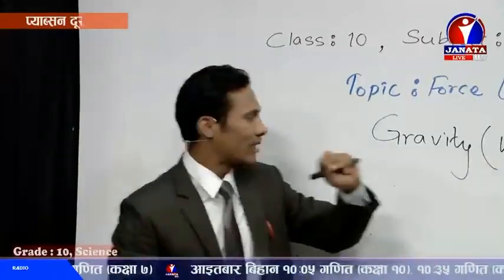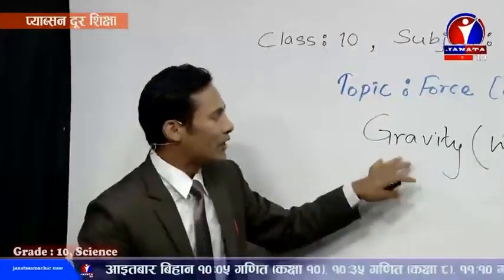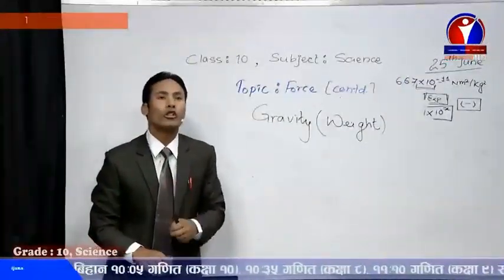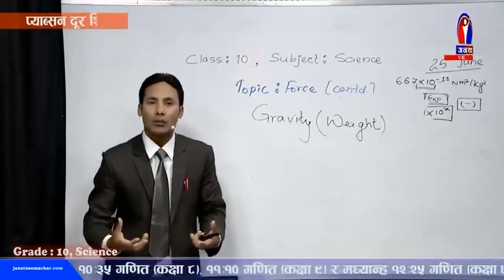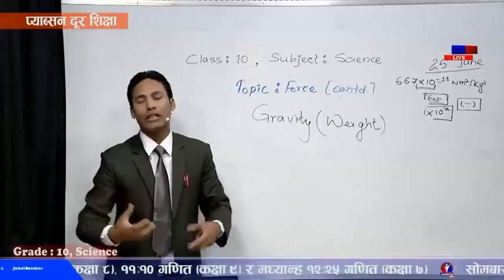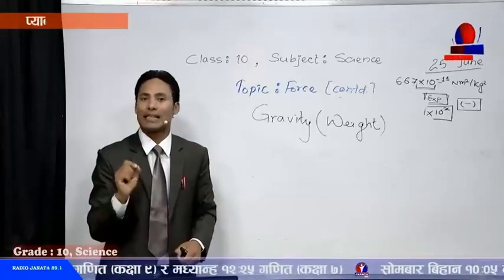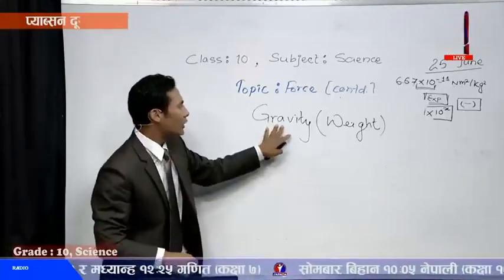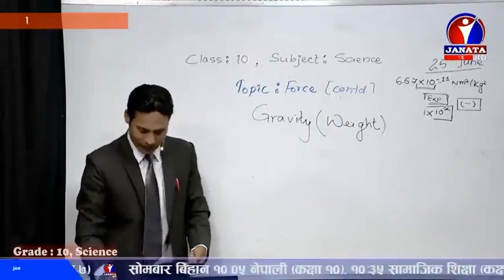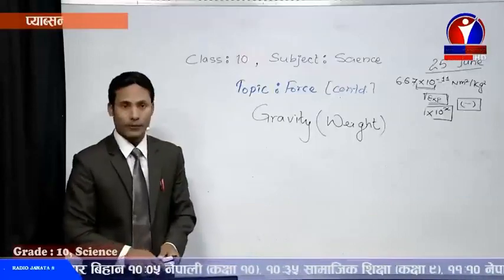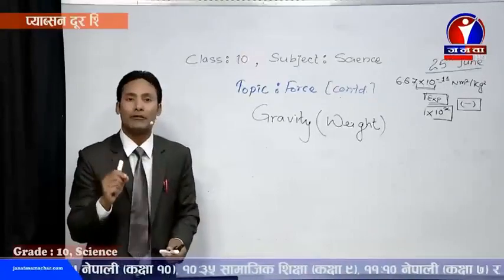Clear? So what is gravity or weight? The gravity or weight is the force of attraction of the heavenly bodies on the surrounding object towards its center. That is called gravity or weight. Clear? And simply it is the gravitational force, a special kind of gravitational force.